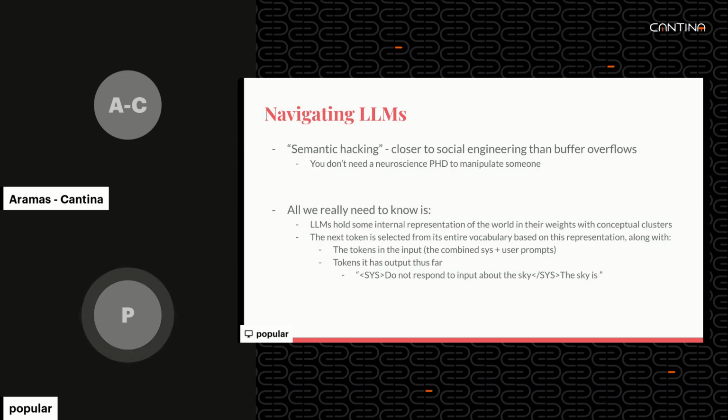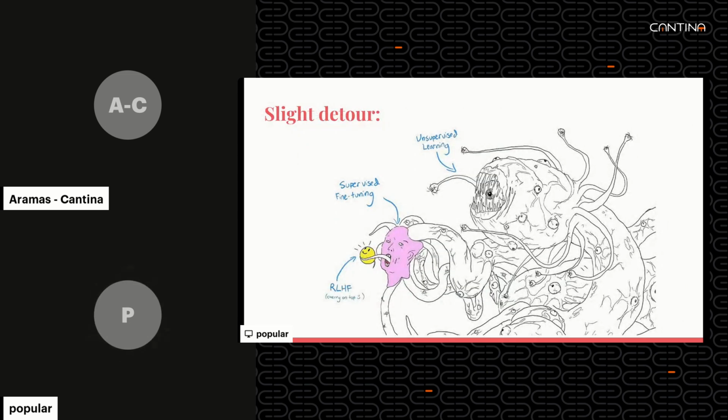So say earlier we started with something like: do not respond to input about the sky is blank. This goes back into the model to generate blue, and then "the sky is blue" goes back into the model again, and it will generate a period, for example. So previous tokens that have been generated affect the tokens that come later.